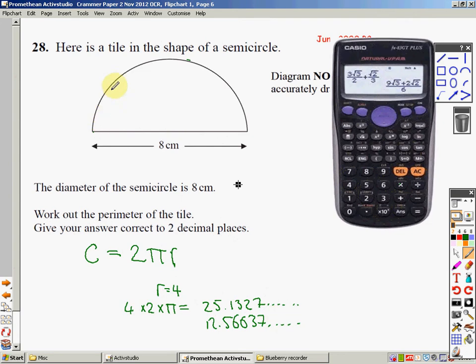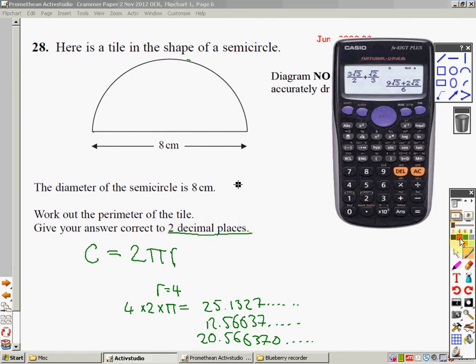I've now worked out that bit there. The perimeter is that bit there, plus of course that 8. So I need this answer, plus another 8, and I get 20.56637... The question said to 2 decimal places, so let's chop it off at 2 decimal places.